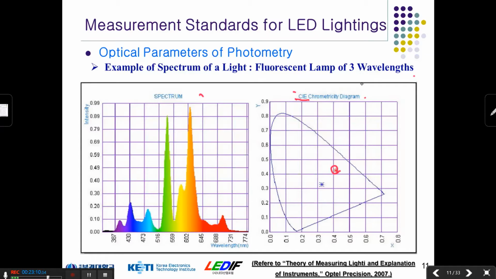That is the CIE 1931 XY color coordinates. The symbol is very close to orange. As references, the red color is located here, and the green is located here, and blue is located here. And around here, there is yellow color.